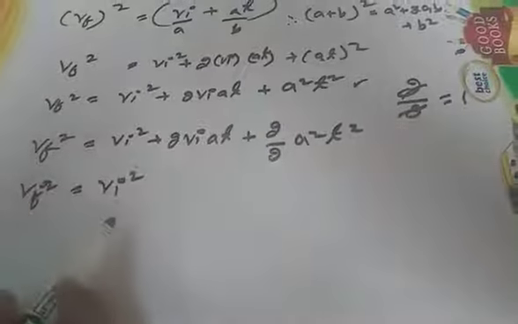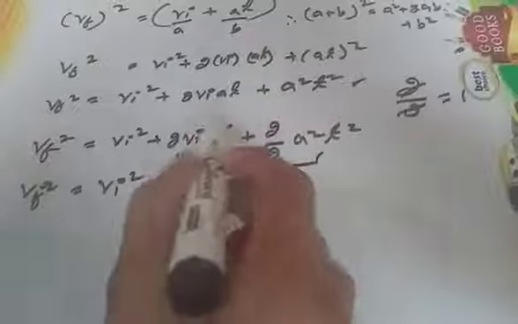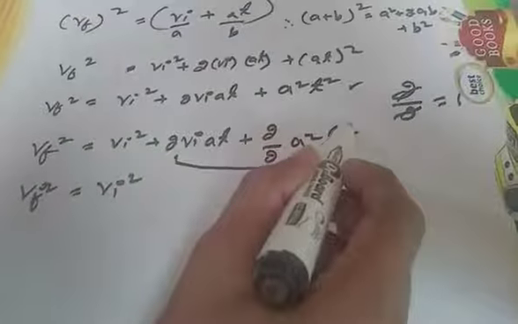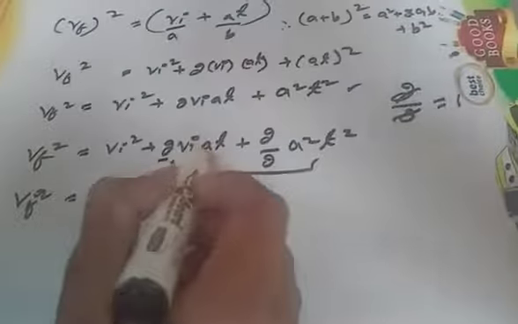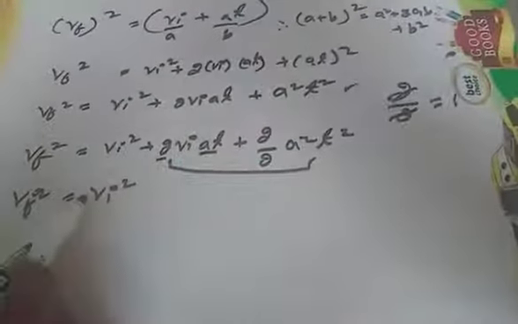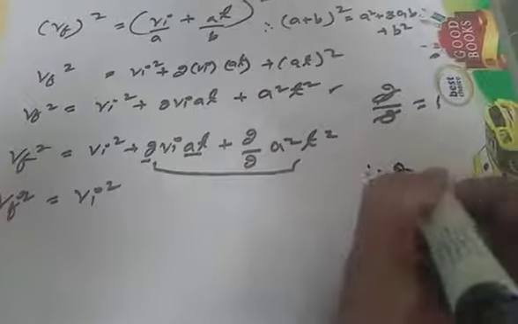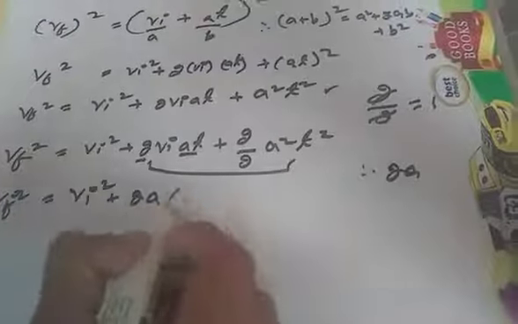vf² is equal to vi². From these two terms, 2 vi at plus 2 upon 2 a²t², we take 2a common.